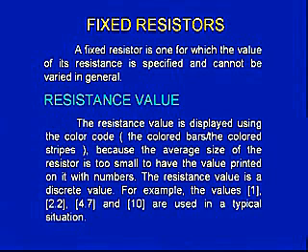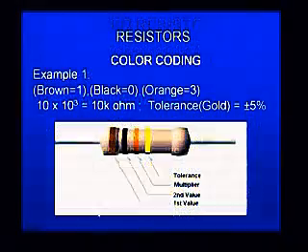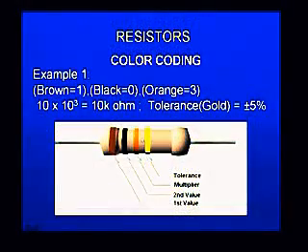The resistance value is a discrete value. For example, you would come across values like 1, 2.2, 4.7, 10, etc. in a typical situation. I have given an example here of a carbon resistor.